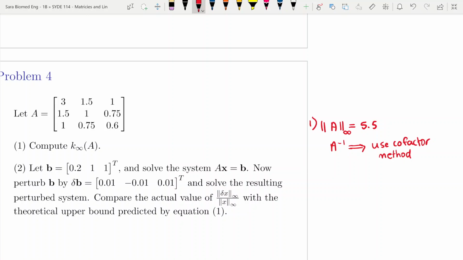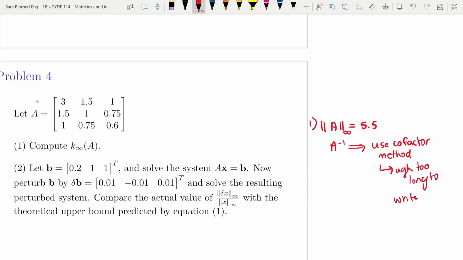Okay, and now we have the determinant. Did we compute the determinant? No. Okay. For the determinant, you can expand by any row or any column. So the determinant of A equals, let's just expand along the first row.